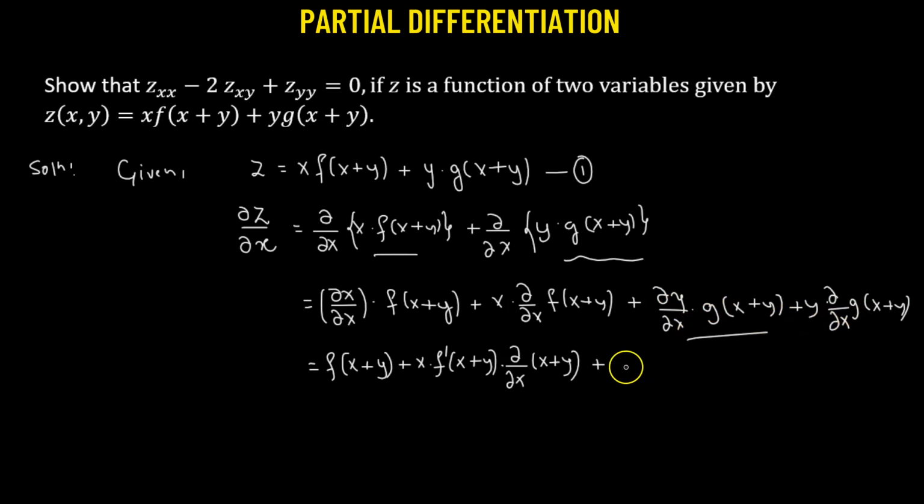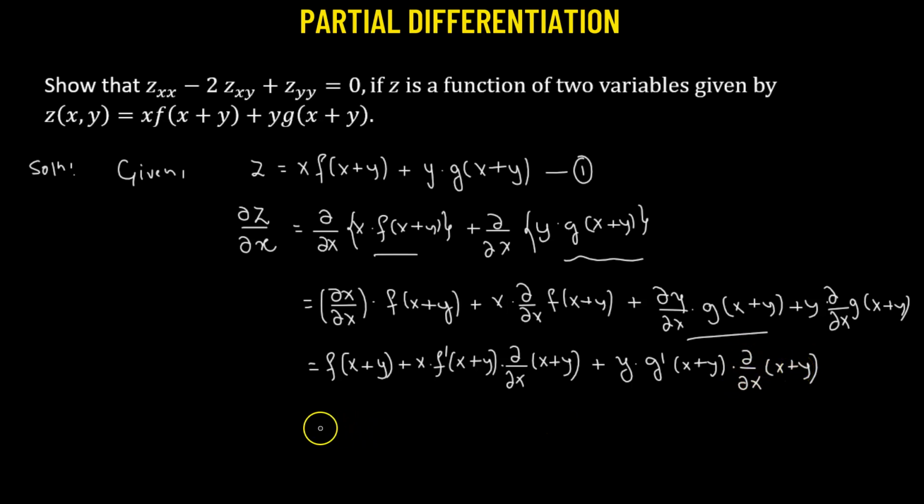Now we have the final term. We have y multiplied to the partial of g of x plus y with respect to x, which is simply g prime of x plus y, where g prime of x plus y is the partial derivative of g of x plus y with respect to x plus y, and then we multiply it to partial with respect to x of x plus y. So here we have used the chain rule.